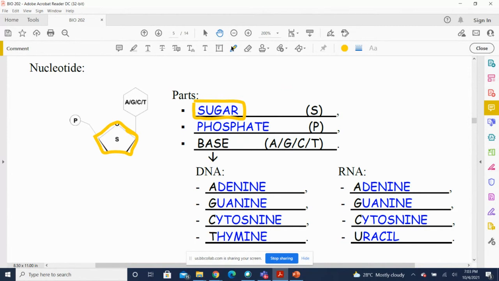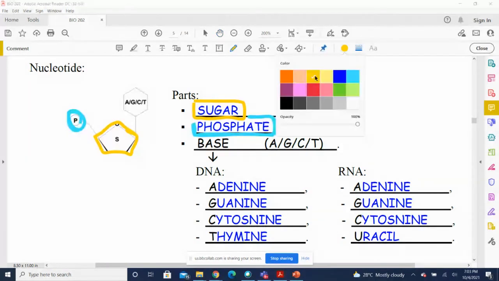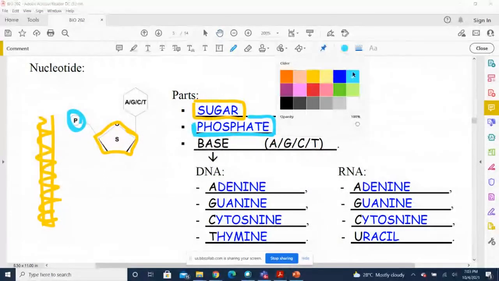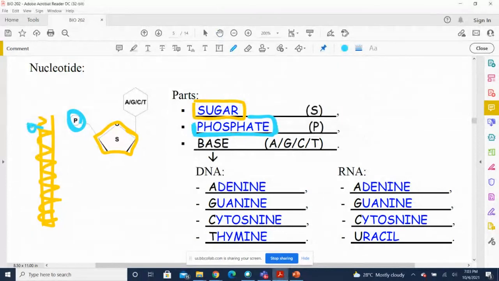So actually, when we are drawing these complex diagrams, what we end up noticing is that the sugar and phosphate form the backbone of the DNA and RNA. It's only the bases that end up varying from one nucleotide to another, but this basic structure is consistent.